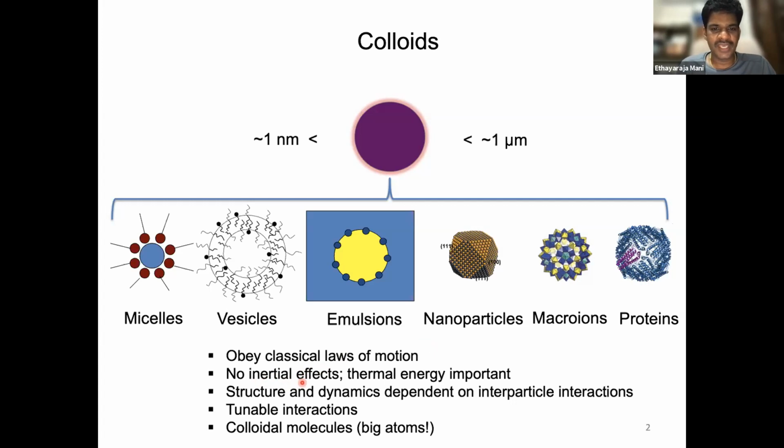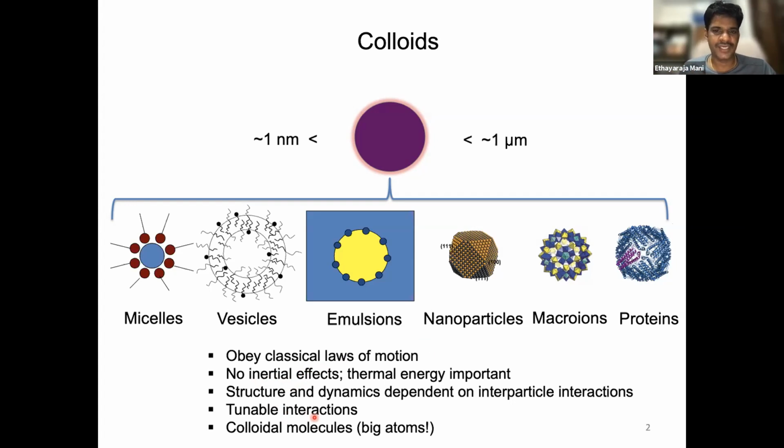And the way they assemble and aggregate together has to do with the way they interact with each other via physical interactions without any chemical changes. It also allows us to tune these interactions via changing external conditions like pH, temperature, salt, ionic strength, and so on. So that's what makes this body of objects, colloids, an interesting system to study.